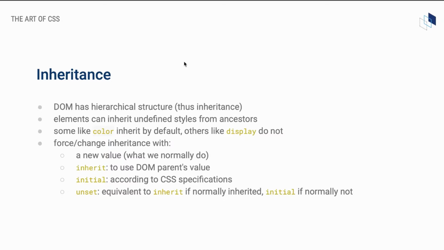HTML, or the DOM, inherently has a hierarchical structure. So therefore, inheritance is just part of what it is. An element can inherit undefined styles from its ancestors. Things like color inherit by default.